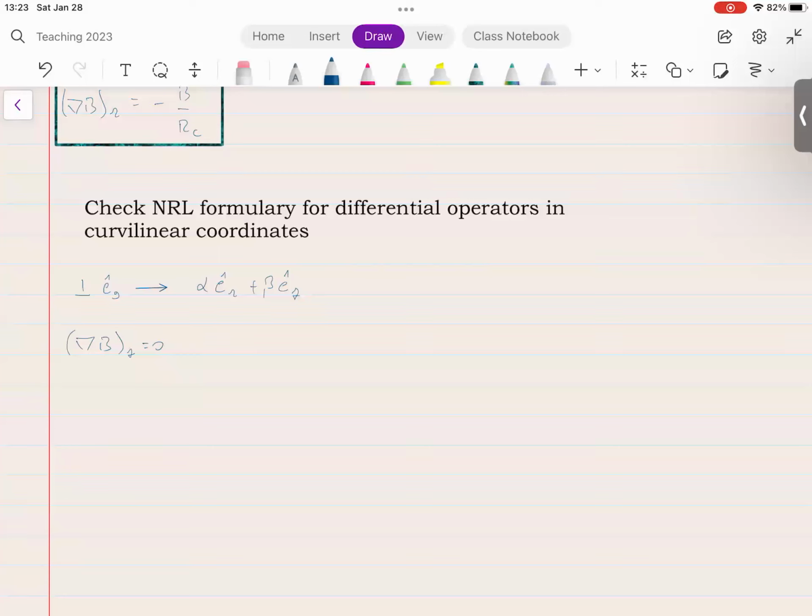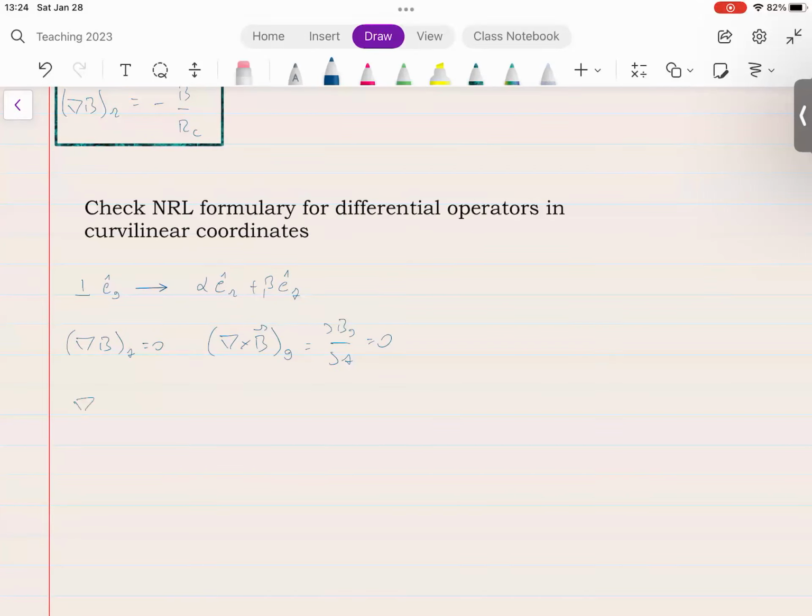In fact, you can see this by taking del cross B and taking the theta direction. This will give you dB theta dz, which needs to be 0, which is the same as saying that the Z component of the gradient of B is 0. Okay, great.